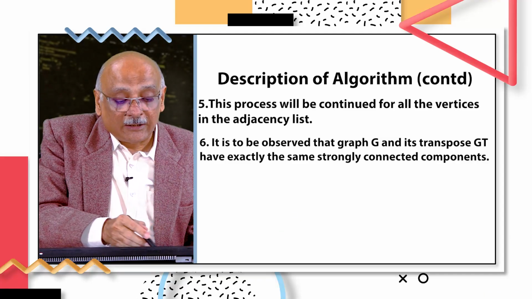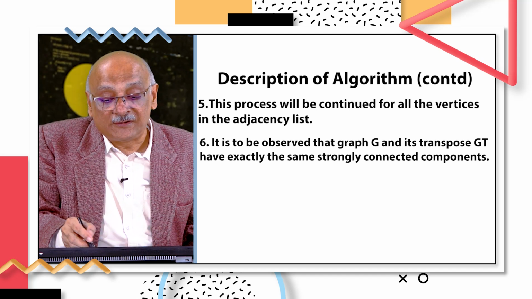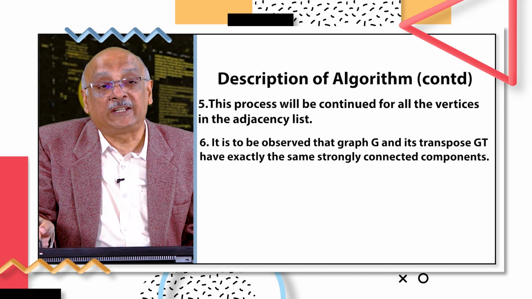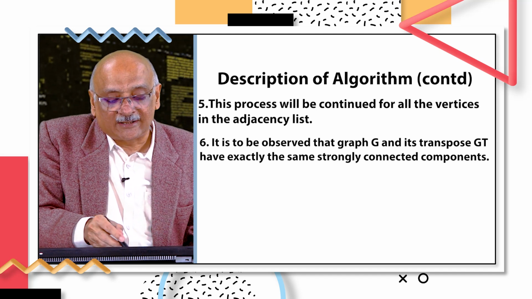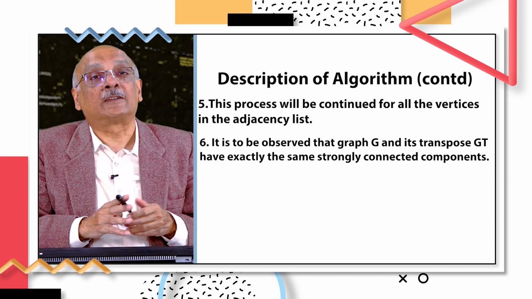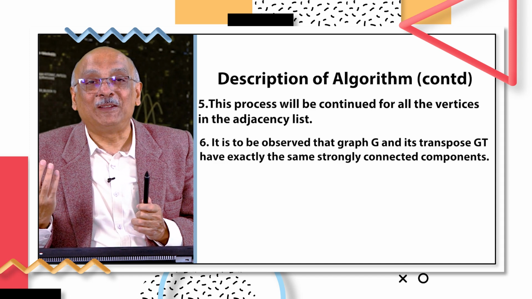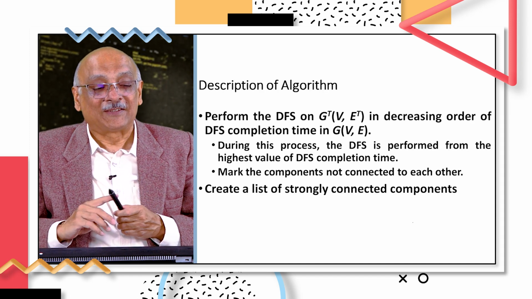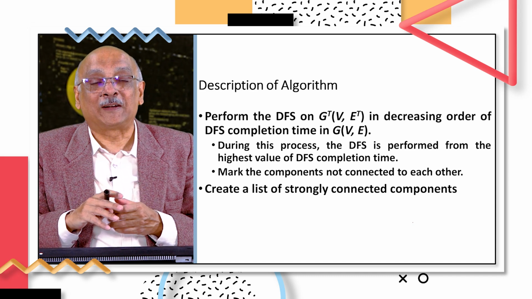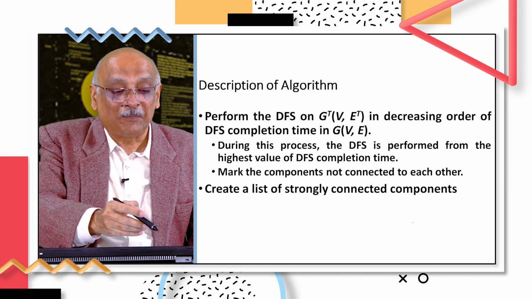It is very important when finding the strongly connected components to observe that the graph G and its transpose GT have exactly the same strongly connected components, and that is what we will be using. So let's now further describe this algorithm.